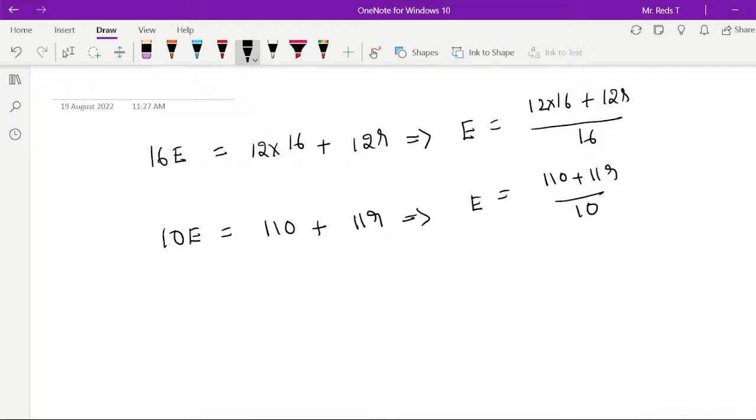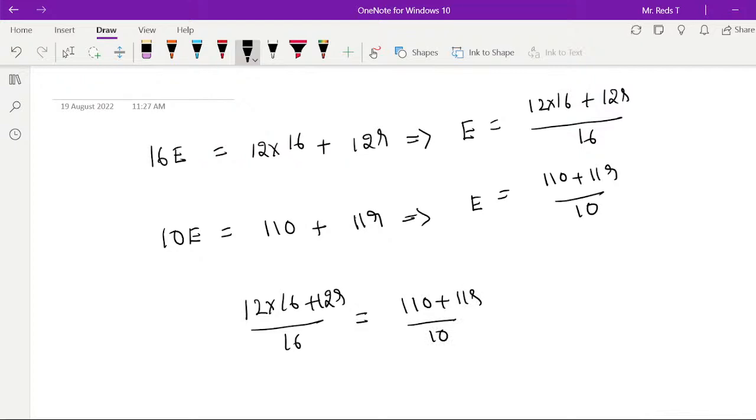So you can take this as (12 plus 12R) by 16 is equal to (110 plus 11R) by 10. These two are equal, right?